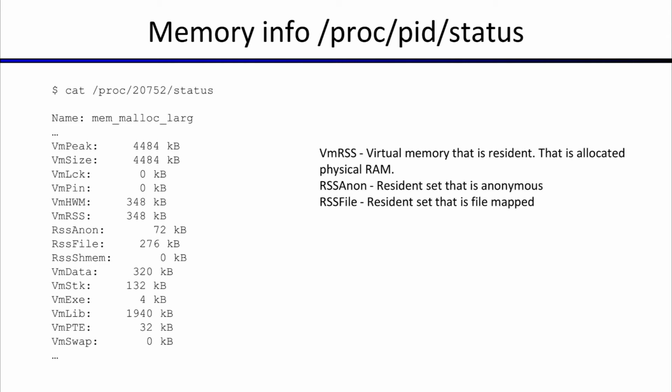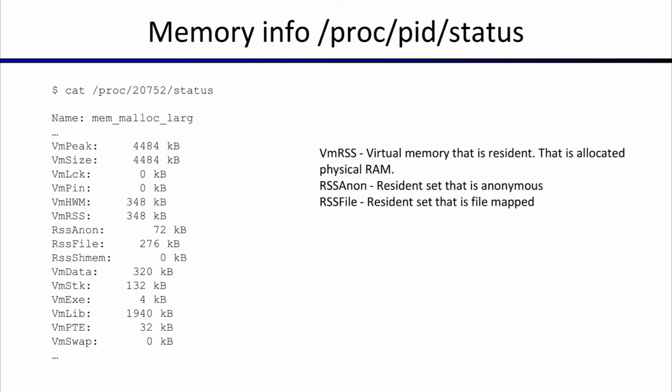RssFile is where you have file-backed memory. This is where the program code is. And so we can see that we have 276 kilobytes of file-backed RSS and 72 kilobytes of anonymous RSS, and both of these add up to the total VmRSS that we can see at 348 kilobytes.